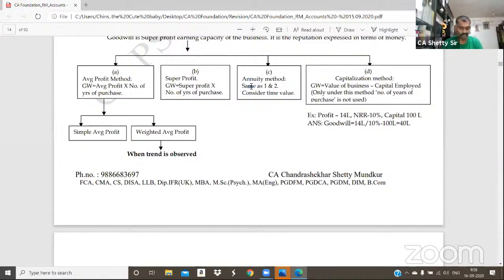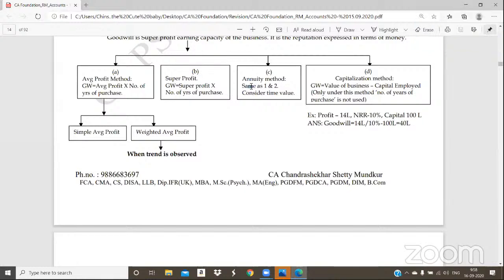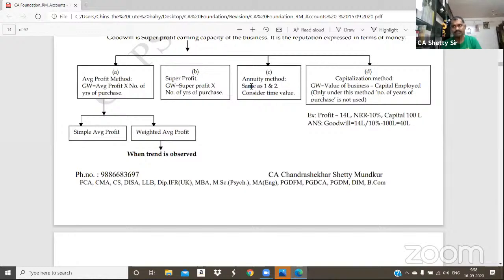Capital employed is equal to, I think it's 200 plus 300 plus 100, see. X's capital 300, Y's capital 200, reserves 100. 300 plus 200 plus 100 is equal to 600 lakh. Next line.